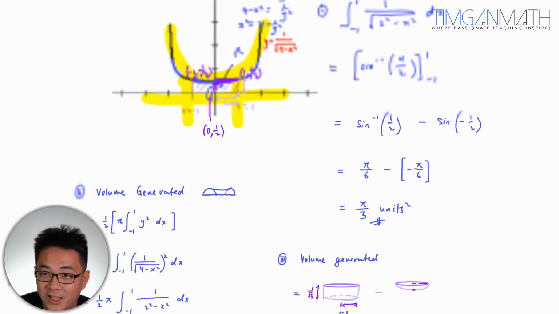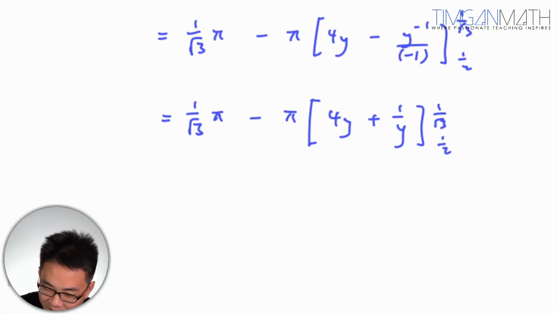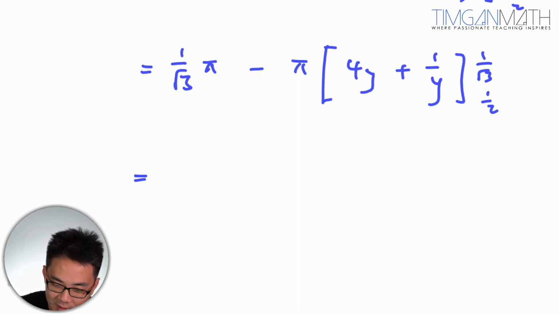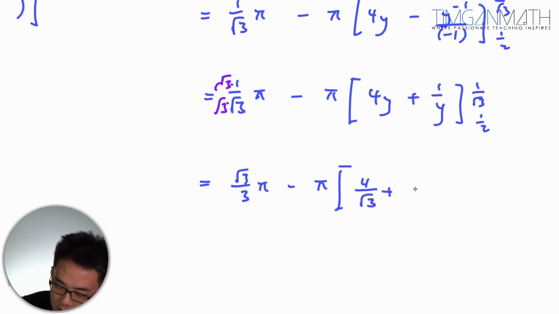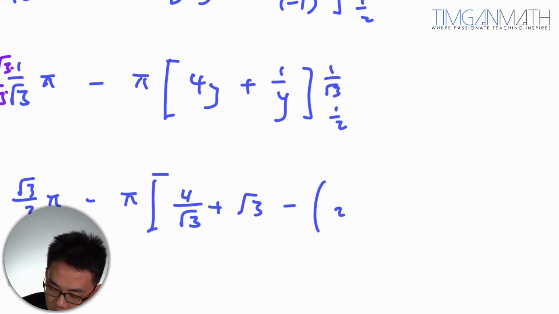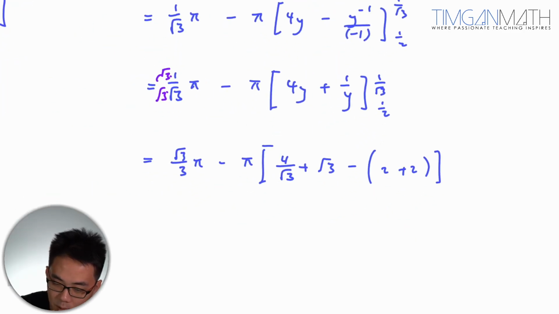So let's see how we can, we need it in root 3, right? So I could just multiply bottom with root 3, top with root 3. I think it's not really an issue here. So this will be 1 over root 3, which is root 3 over 3 pi minus pi times 4 over root 3 plus root 3 minus 4 times half, which is 2 plus 2. Same with this. Multiply root 3, multiply root 3.